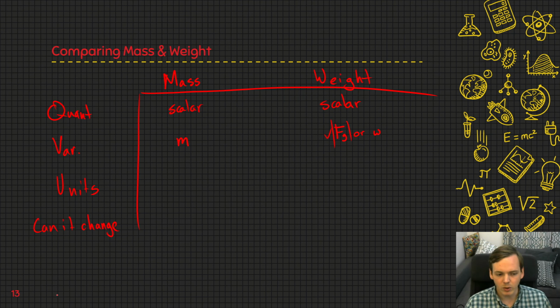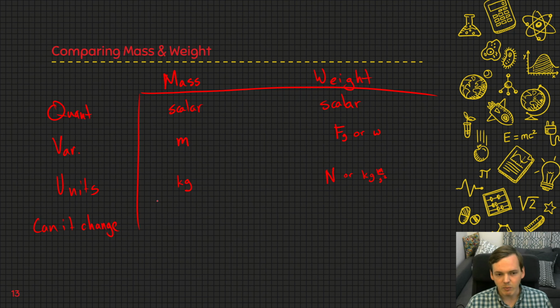But if you just wrote Fg by itself, you would be pretty okay like that. The units for mass are kilograms. The units for weight are newtons, or kilogram meters per second squared. And you can see that from the mg, the mass times the acceleration due to gravity.